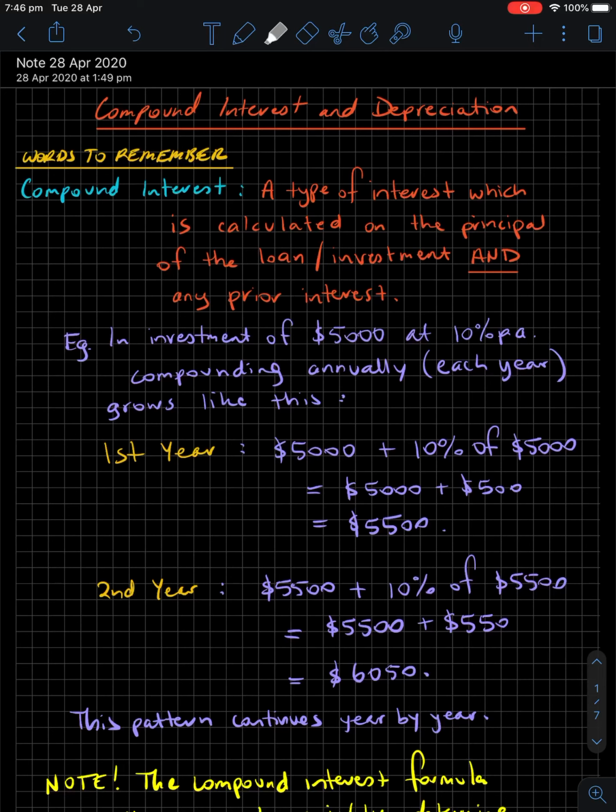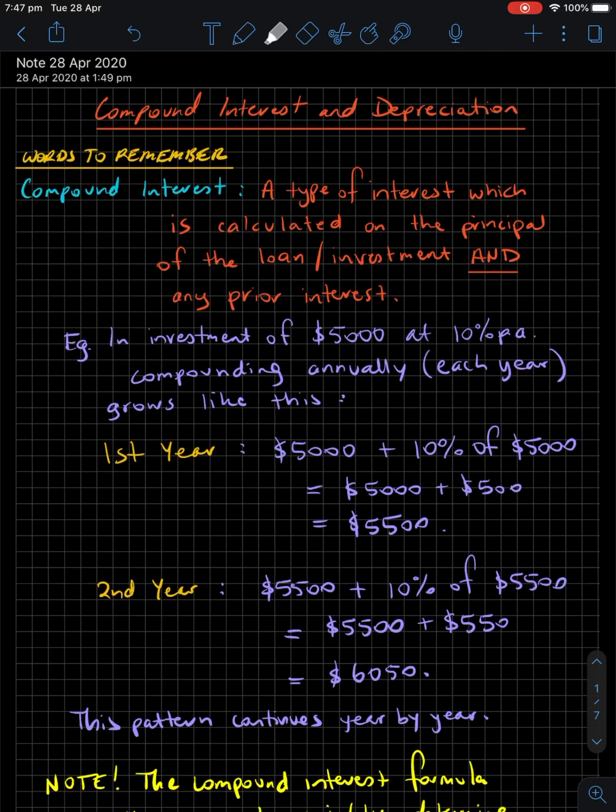Well, compound interest is a type of interest, similar to simple interest, which is another type. This sort of interest is calculated on the principal, similar to simple interest. However, it's also calculated on any prior interest as well.